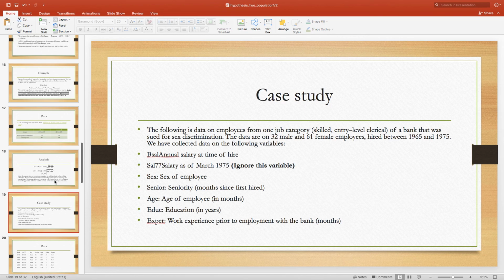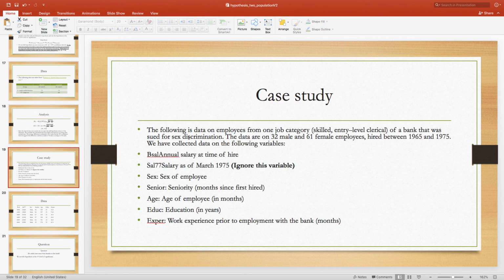Okay, here's one more example. This is a case study, a real data set that you've seen before. It's a data set on employees from one job category at a bank that was sued for sex discrimination, or gender discrimination. We have data on 32 male and 61 female employees.